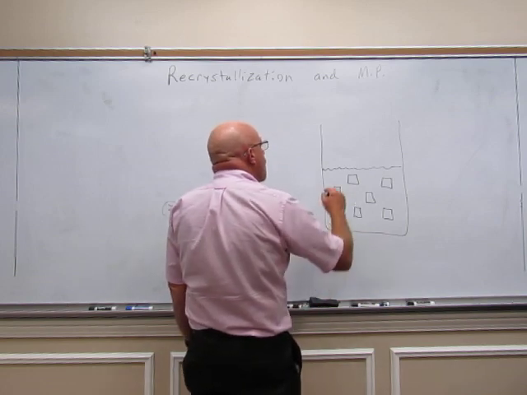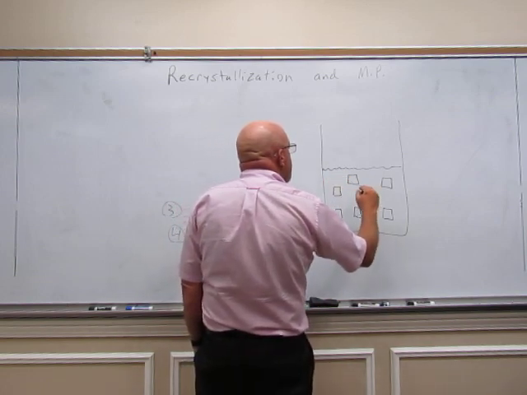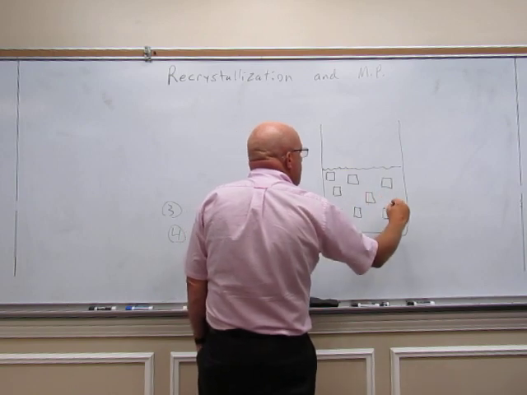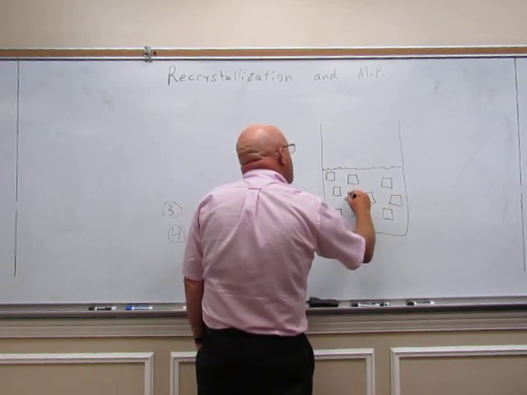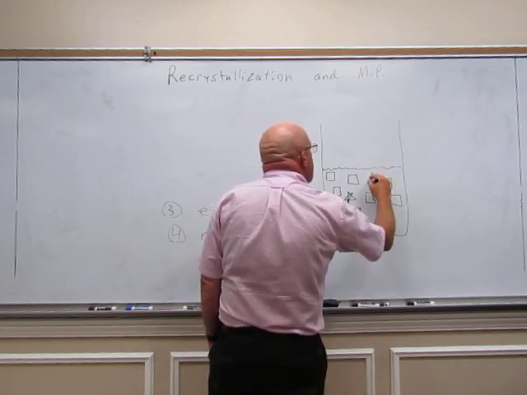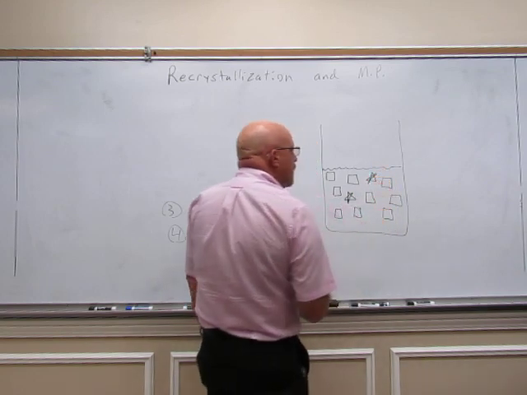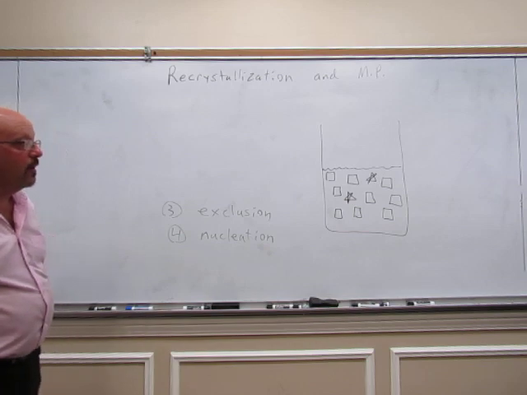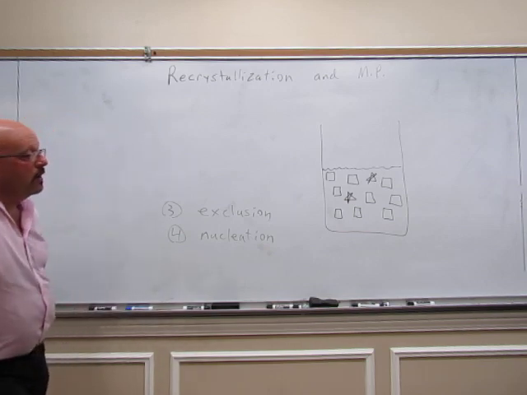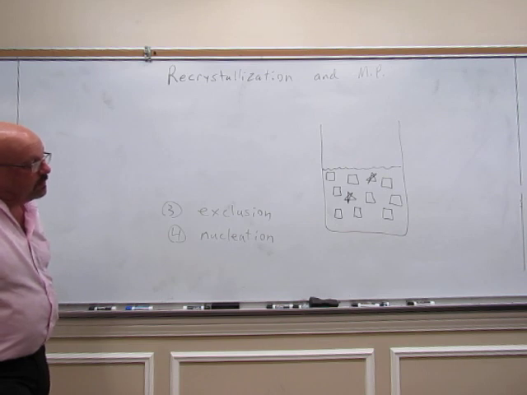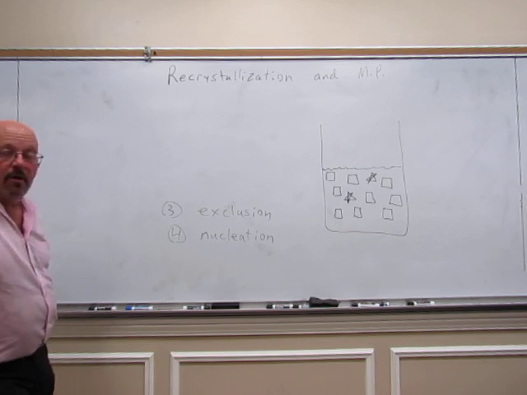Say those are the little squares. And we've got a small amount of impurity. The little stars are the impurity that's in there. The squares are our desired compound, our solute, and the little stars are impurities.